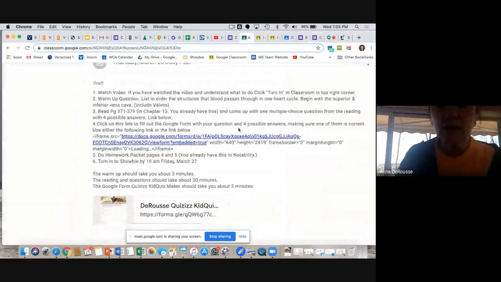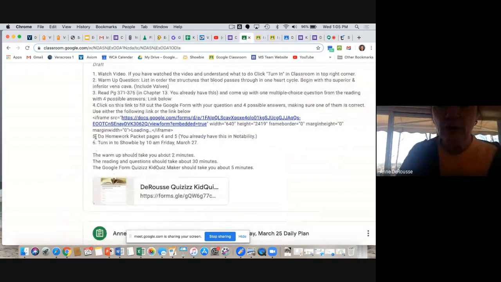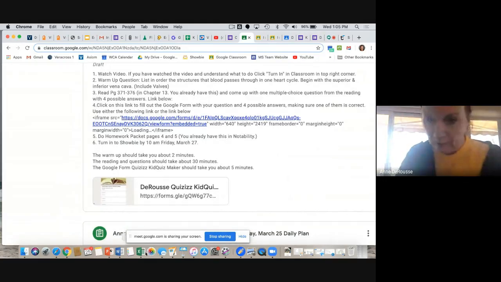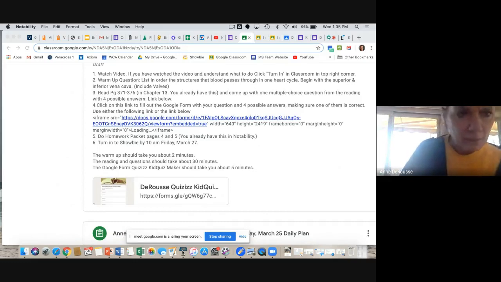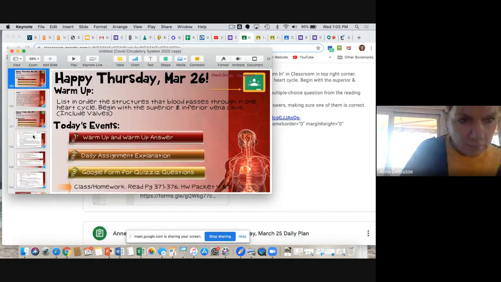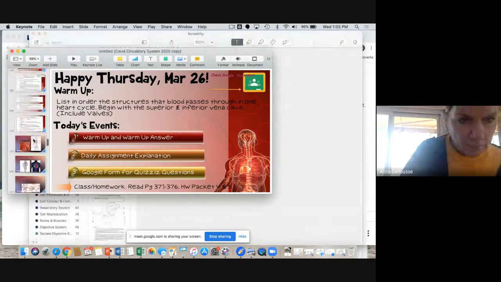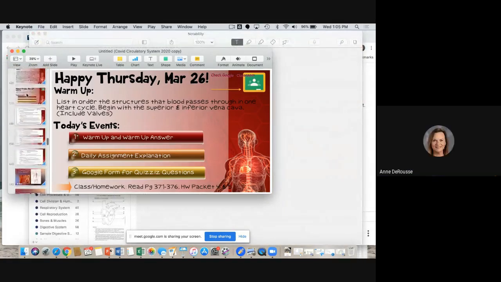After that, you are going to do number 5, the homework packet pages 4 and 5. Remember, you already have this in Notability. Let me find it. Let me see, page 4 and 5.